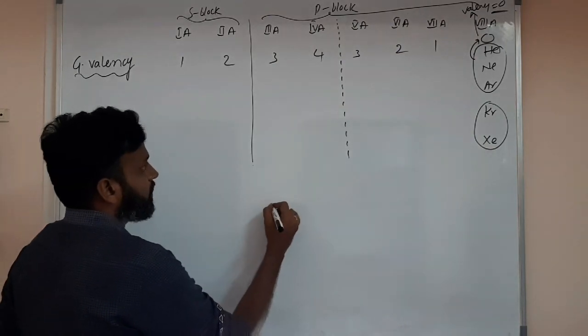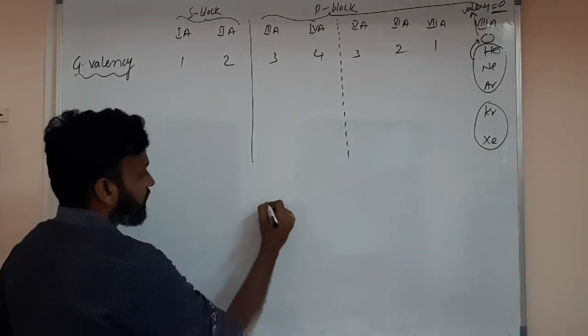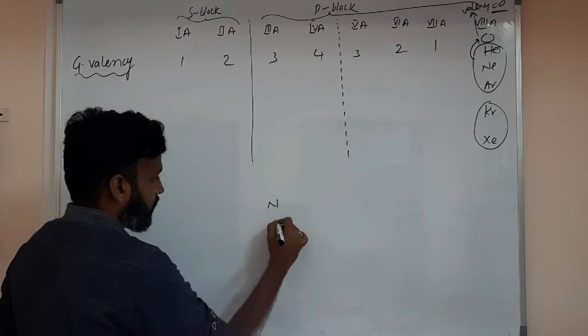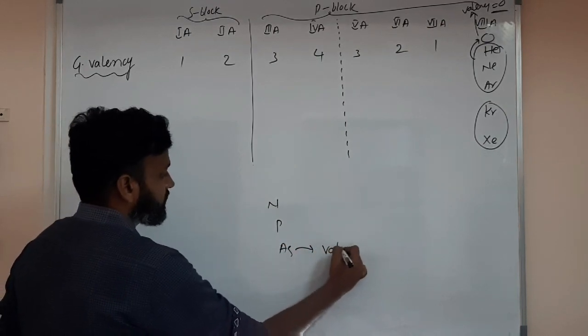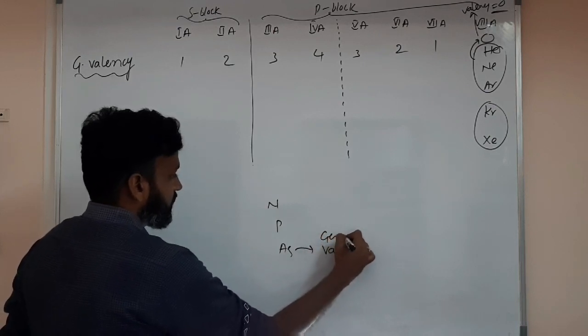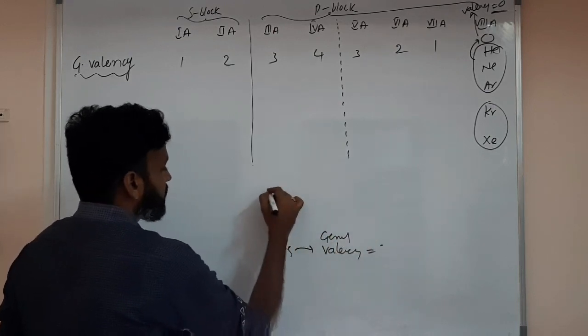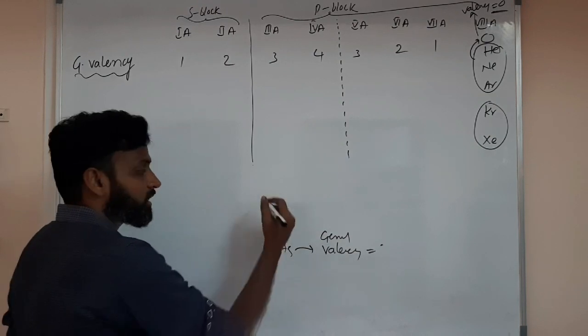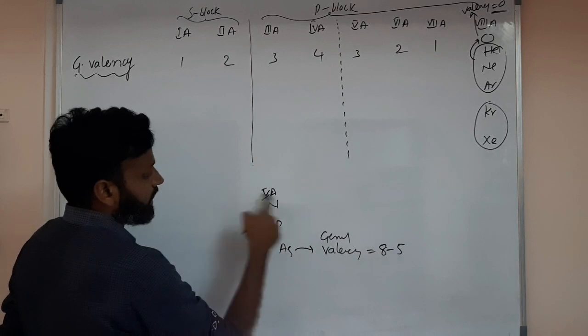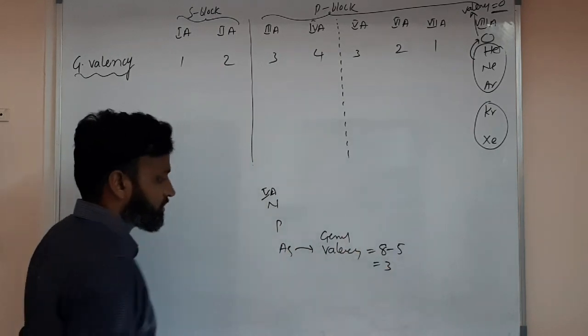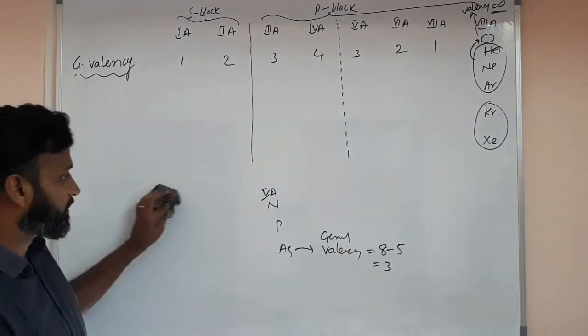Suppose any atom like nitrogen, phosphorus, arsenic, antimony. What is arsenic's general valency? Arsenic comes under 5A, so 8 minus 5. Oh sir, 3 valency for arsenic. That is the general valency I said.